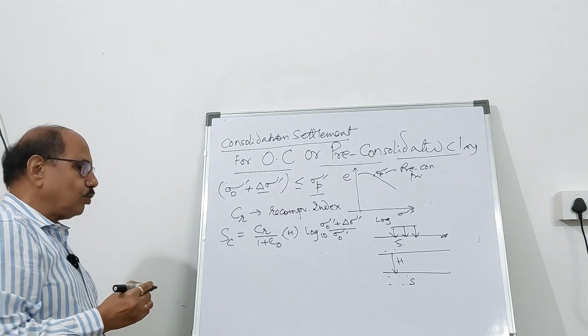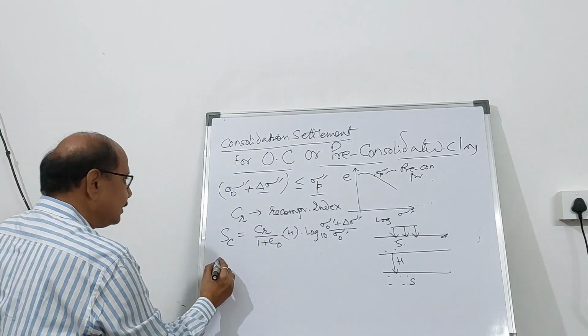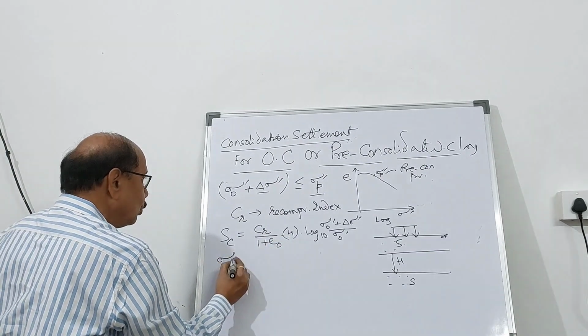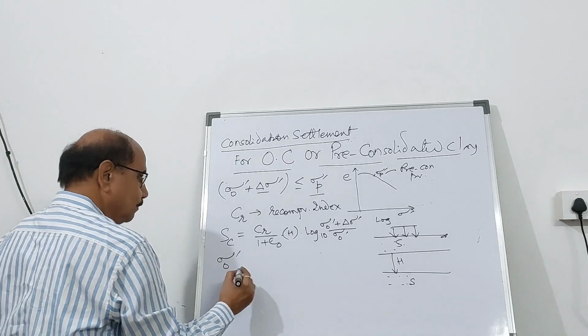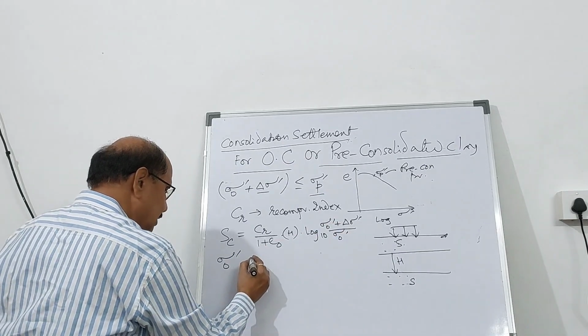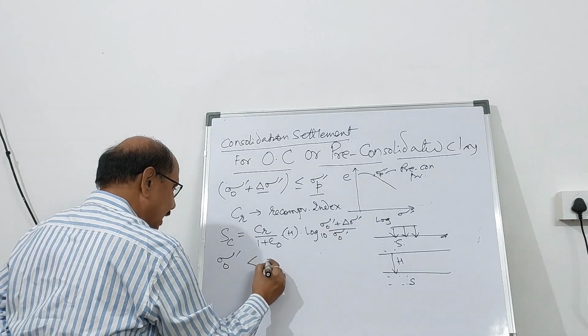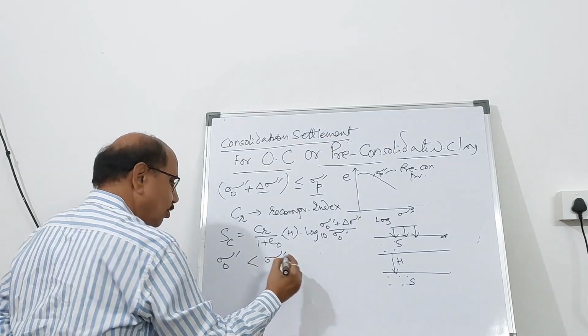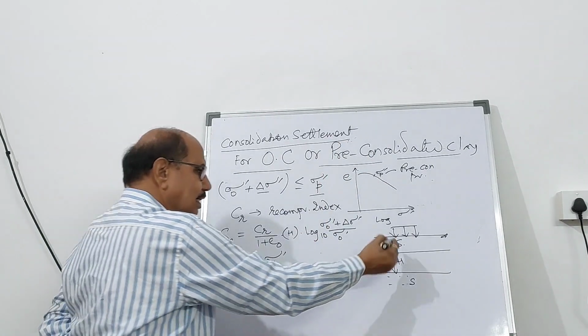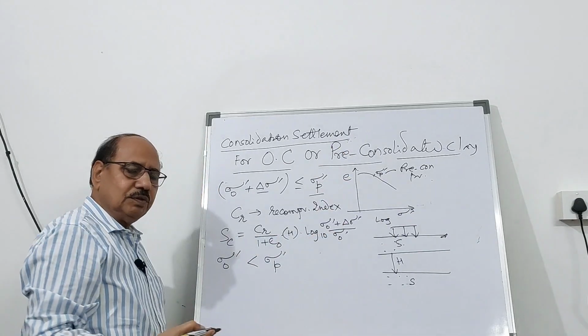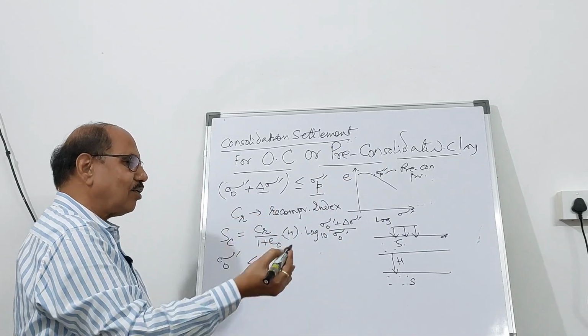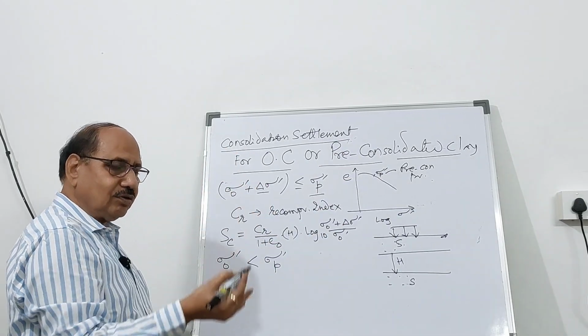Now, the condition could be that the present effective overburden pressure is less than the pre-consolidation pressure. Already in the past, this ground has been subjected to higher pressure due to a glacier or due to any structure which is not existing today.